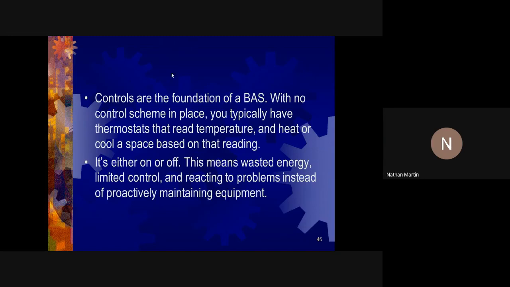Because with the inverter type, you don't need much building management. You can just leave it alone and it will manage your efficiency and the cost of operating the unit, right? It's either on or off. This means wasted energy, limited control, and reacting to problems instead of proactively maintaining equipment, right?